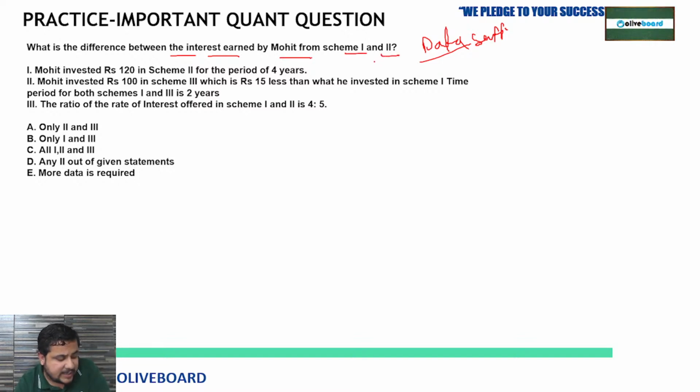So tell me fast, Dunicha and Payal, everyone, is this clear? Whatever we have discussed in the previous one. Now this question, we are talking about our next question. First statement: Mohit invested rupees 120 in scheme second for a period of 4 years. Second statement: Mohit invested rupees 100 in scheme third, which is rupees 15 less than what he invested in scheme first.